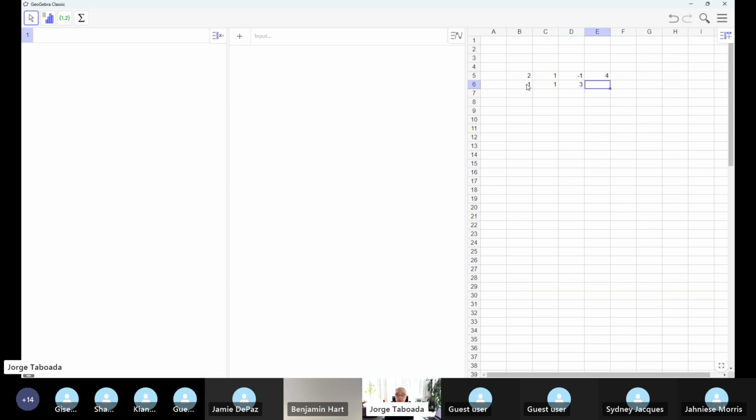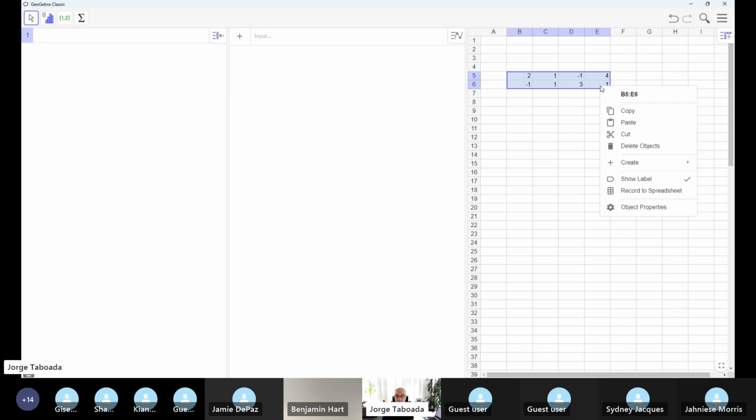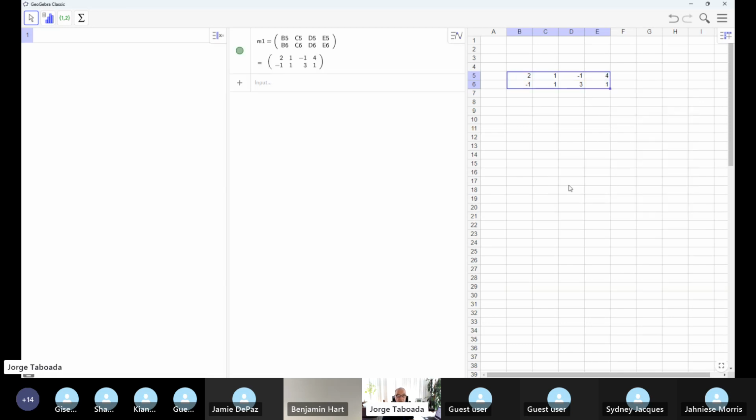This is my system, containing only 2 equations and 3 unknowns. I press the famous right click in the mouse, create the matrix. There you go. Matrix: 2, 1, negative 1, 4, negative 1, 1, 3. It's important to check, guys, because if you type it wrong, you never get the answer you need.